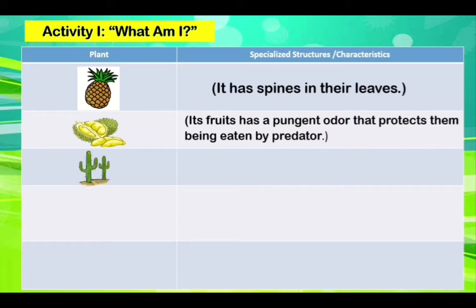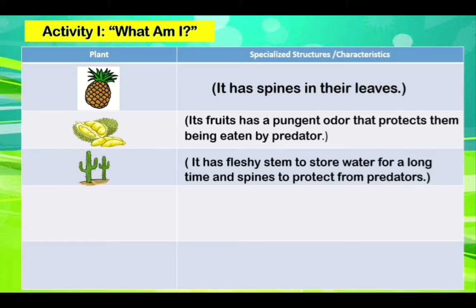Next, we have cactus plant. What specialized structures or characteristics does cactus have? It has a fleshy stem to store water for a long time and spines to protect it from predators. You're correct. Next, we have lemon. What specialized structures or characteristics does lemon have?